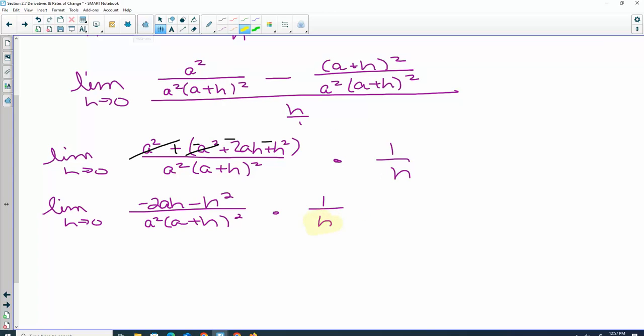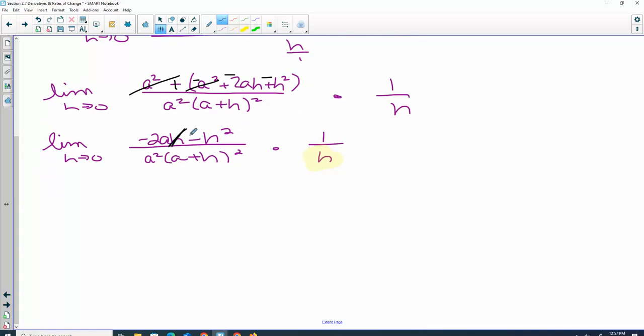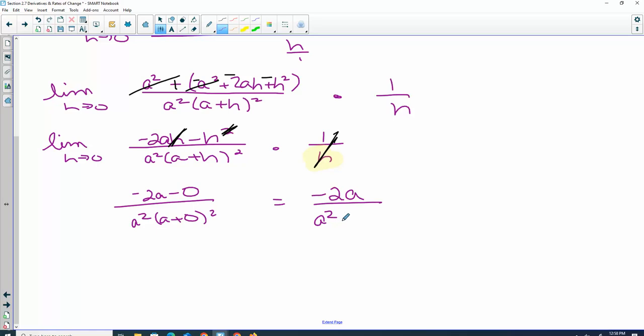Oh, just take the h out on the top. Mm-hmm. My bad. Take out 1 h from everything, then that's gone. So then we can plug in 0 for our remaining h's. So we get negative 2a over a squared times a squared. Negative 2a over a to the 4th, or negative 2 over a cubed.